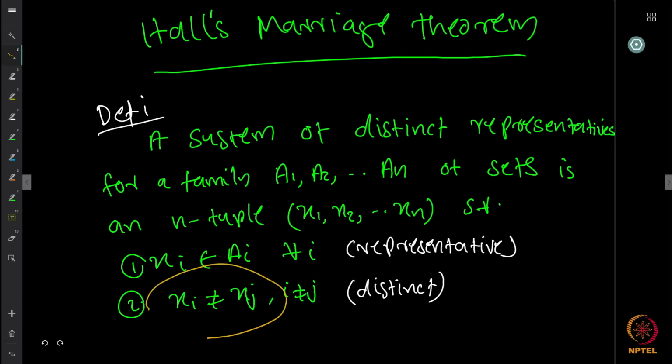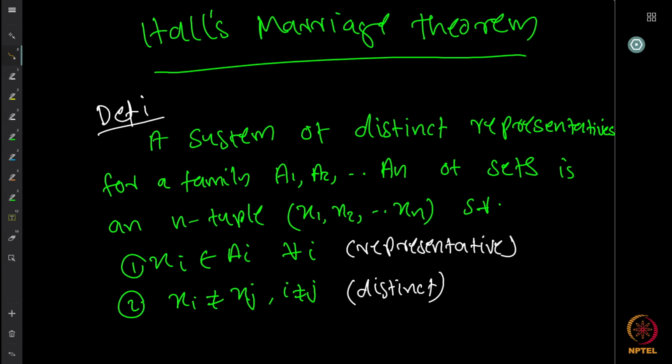I cannot pick an element that is going to represent two different sets. So xi must be different from xj whenever i is not equal to j. So for each set, I need a distinct representative.